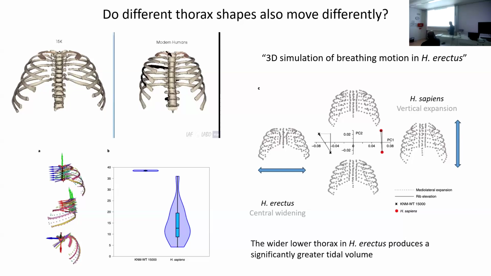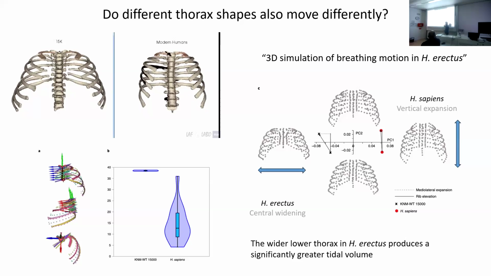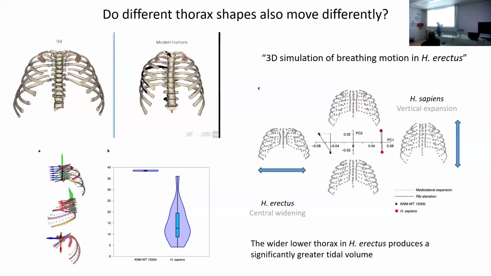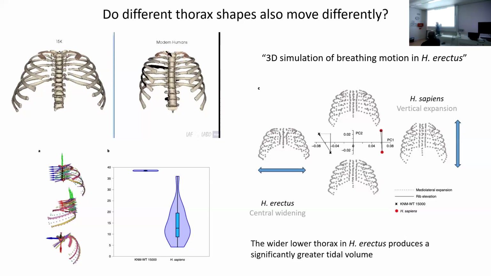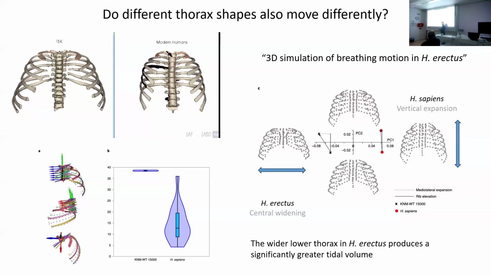And it turns out that due to the anatomy of the ribs, the complex 3D curvature, the inspiratory motion in Homo erectus, which you can see here on the left side, produces less superoinferior motion and much more mediolateral expansion than in the modern humans.